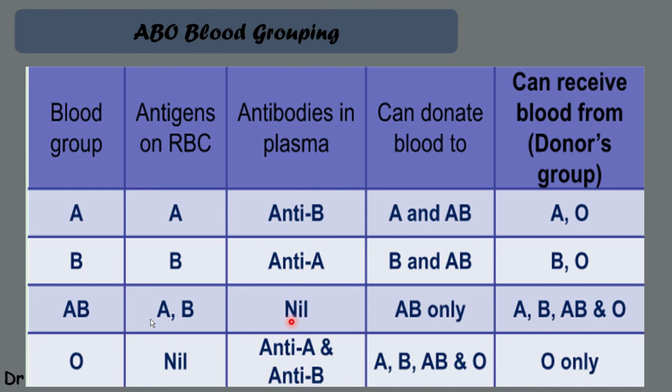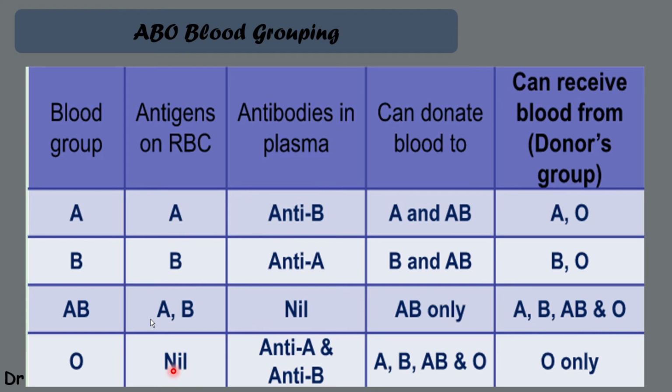Move to the O. Now O blood group does not have any antigen. So as we discussed, donor's antigen and recipient antibodies, these two words are very, very important. Always you have to go for donor's antigen and recipient antibodies. Now in case of O blood group, no antigens are there, no enemies are present.